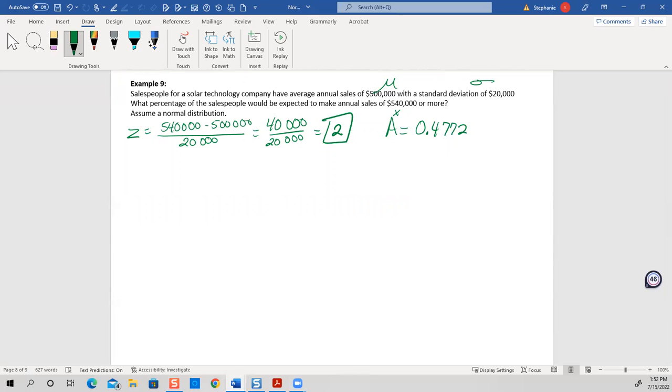So now let's move on to the next part. We want to find the second area in order to come out with our answer. I know that my second area is going to be half minus my first area.